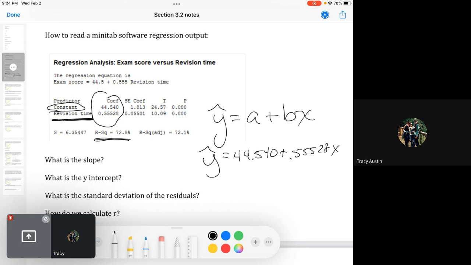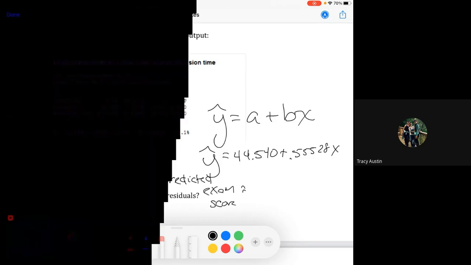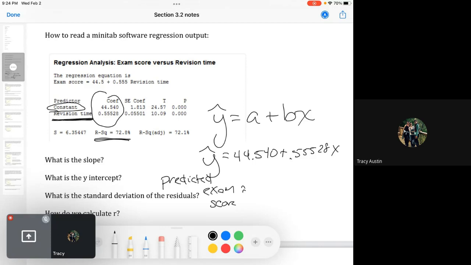Okay, so if we were to write it in words, we are predicting their exam score. And I'm going to shorten the numbers now, because otherwise I'm going to run out of room. 44.5 plus, we'll say 0.56, because I'm going to run out of room, times the revision time.